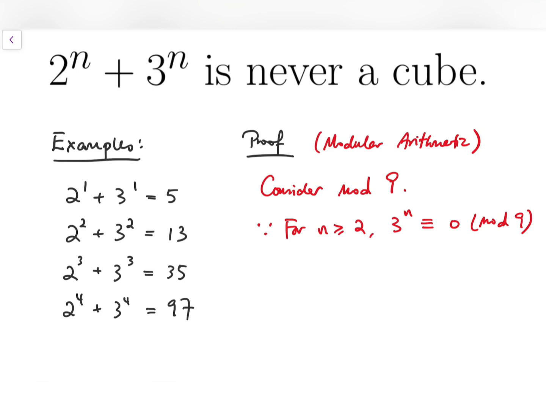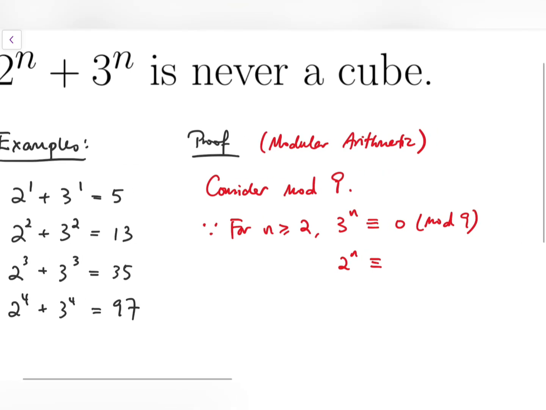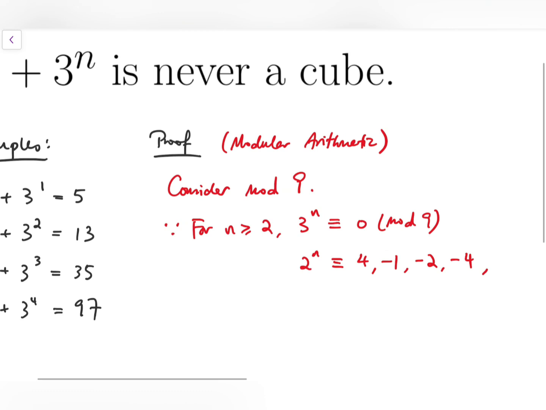While for 2 to the power n, starting from 4, the next we'll have 8 mod 9, which is actually minus 1. So the next one will have to be minus 2, or I can replace the 8 by minus 1, and then we have minus 2, minus 4, and 1, and so on.